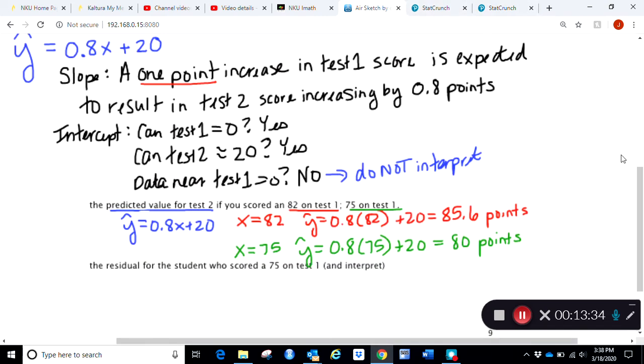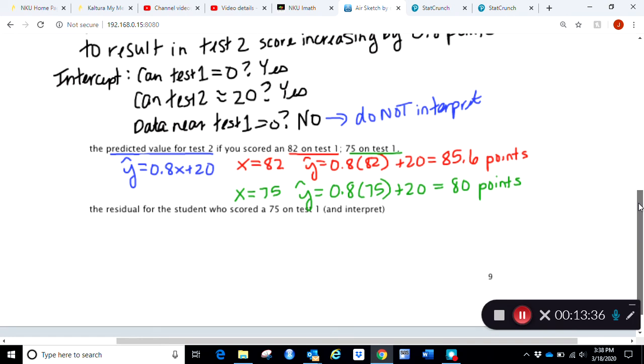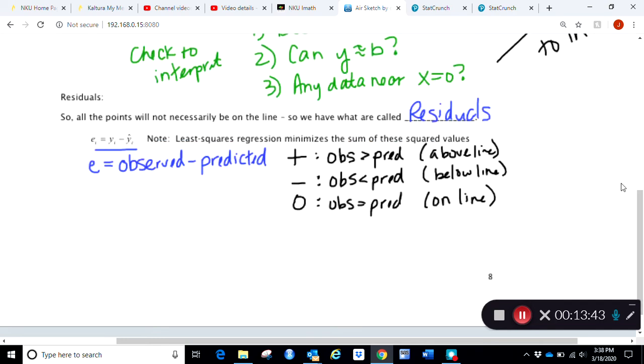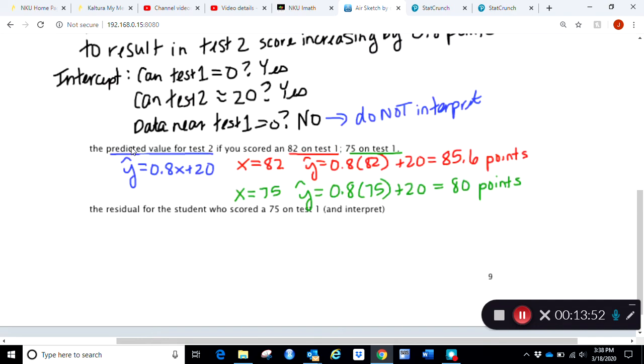However, another question we're being asked is to calculate the residual for a student who scored a 75 on test 1. If you recall, the residual was the last thing in the previous video. It's the observed minus the predicted, or y minus y hat. So what I need is a y and a y hat. Well, y hat I already found. If you got a 75 on test 1, I expected you to get an 80 on test 2.